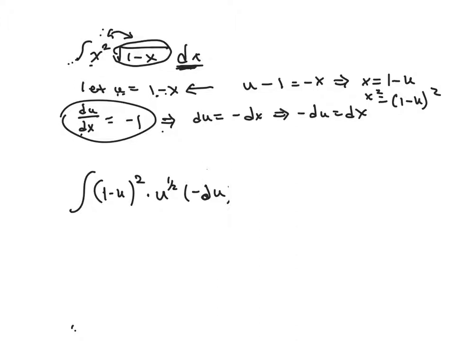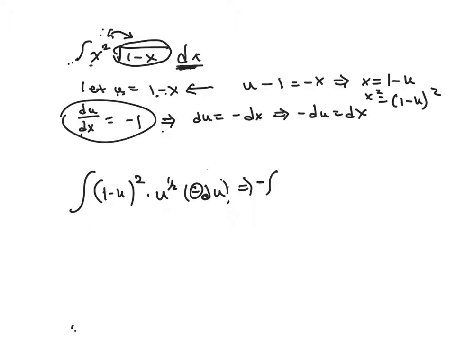Now, an important thing you should do anytime you're taking an integral is you should simplify things if you can. So I'm going to go ahead and expand this so that I can simplify it. At the same time, I'm going to get rid of that negative.